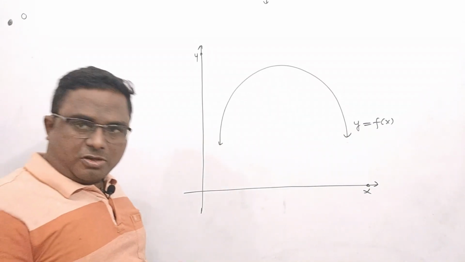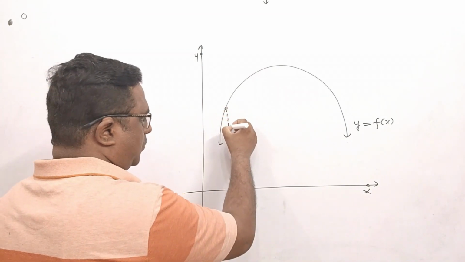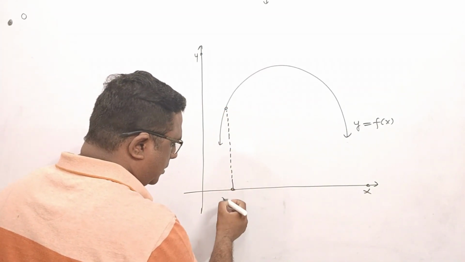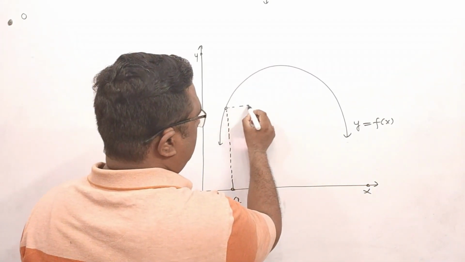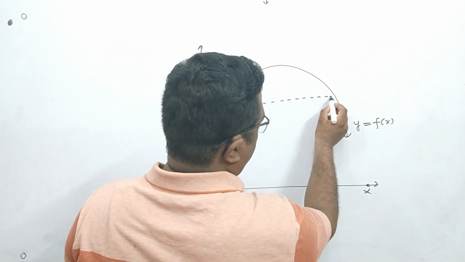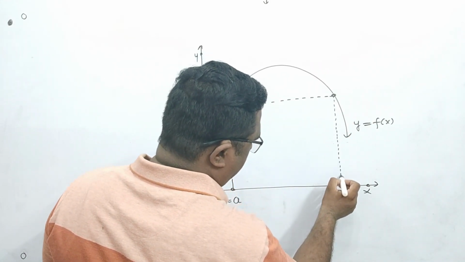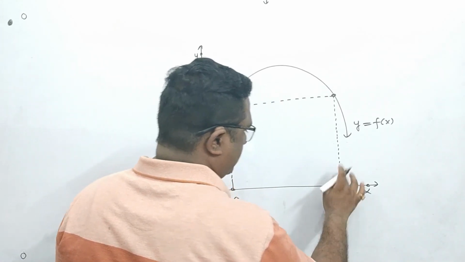Suppose at this point, if I draw a perpendicular line on the x-axis, the value of x is a here, and at the same level I draw a perpendicular line, and here x is equal to b.